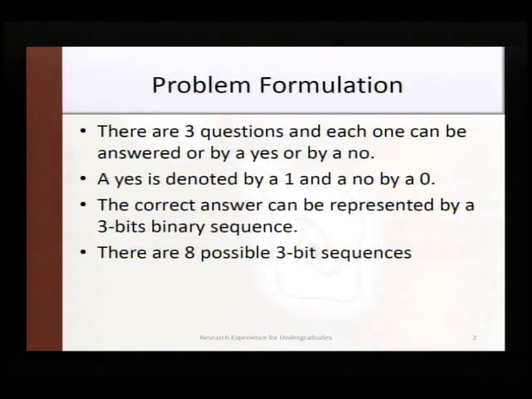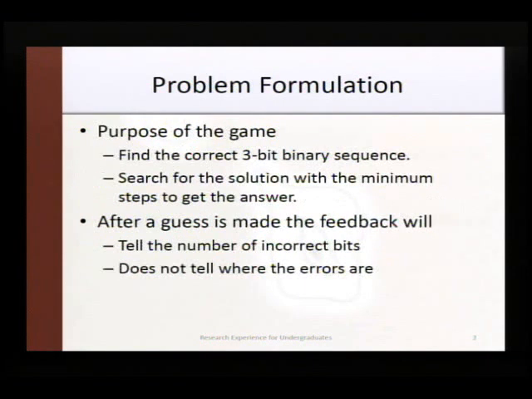So the problem formulation is that there are 3 questions and each one can be answered by a yes or a no. A yes is denoted by 1 and a no by a 0. The correct answer can be represented by a 3-bit binary sequence, and there are 8 possible 3-bit sequences.